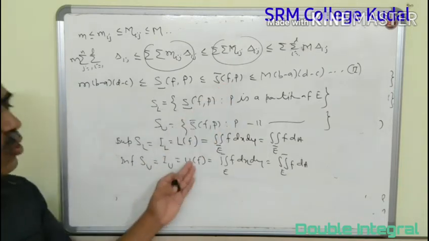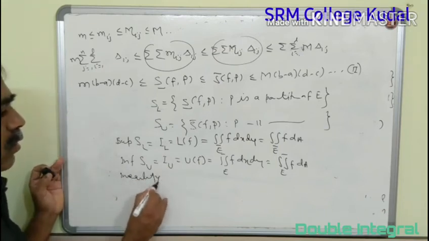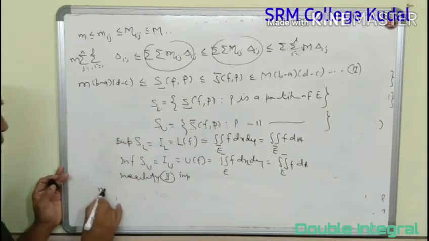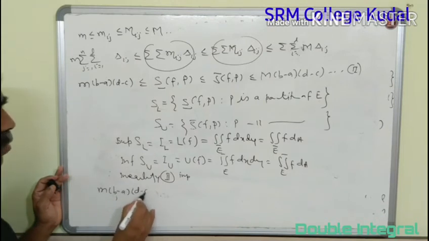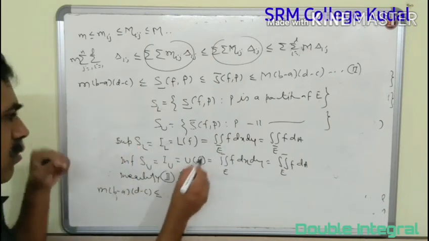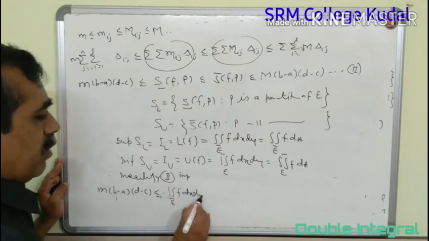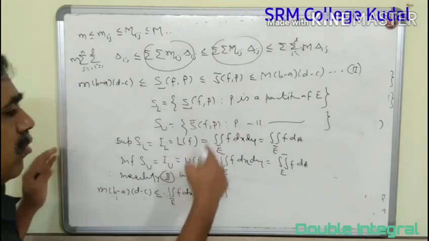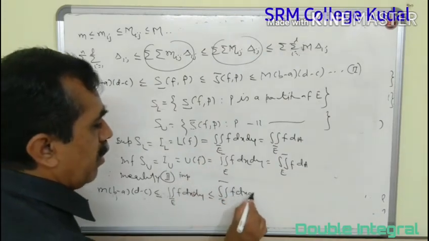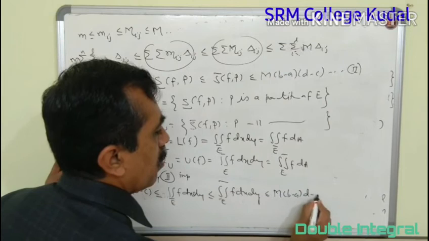So inequality 2 implies, small m into (b minus a) into (d minus c) is less than or equal to every lower sum, therefore even the largest lower sum, which is the lower double integral of f dx dy, will be less than or equal to the corresponding upper double integral of f dx dy, and it is less than or equal to capital M into (b minus a) into (d minus c).